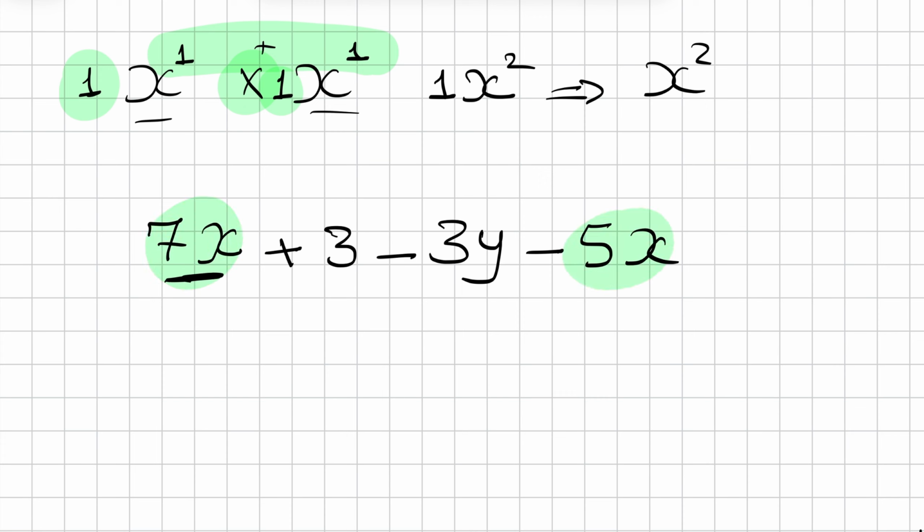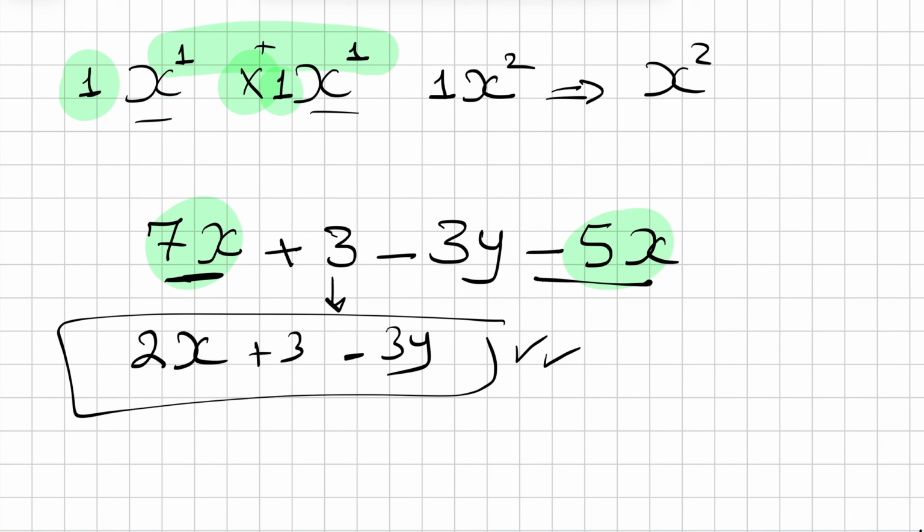What is 7x minus 5x? It is 2x. Obviously, we don't subtract the powers. And the plus 3 will go down because there is no like term for it, nor for minus 3y. So we're just gonna put them down. So this is my final answer. Be careful, guys. We cannot add or subtract them because they are all different terms.